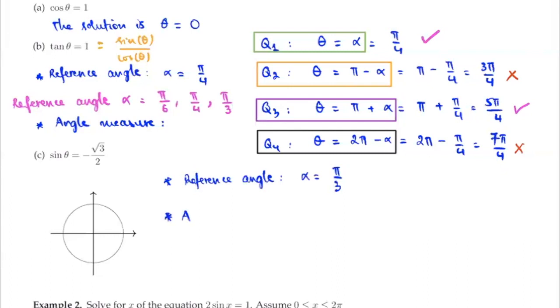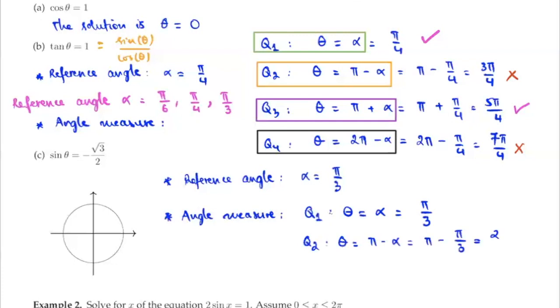Now for the angle measure, what you do is again break it down into 4 different quadrants. In quadrant 1, you have theta equal to alpha, and that's going to be equal to pi over 3. Quadrant 2, you have theta equal to pi minus alpha, or pi minus pi over 3, which gives you 2 pi over 3.